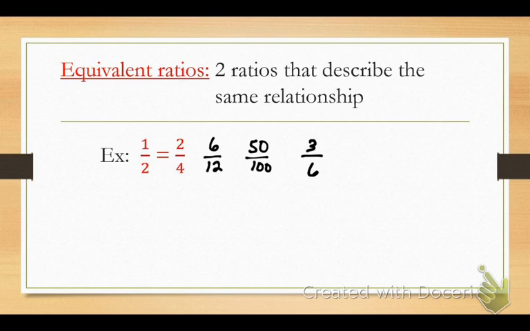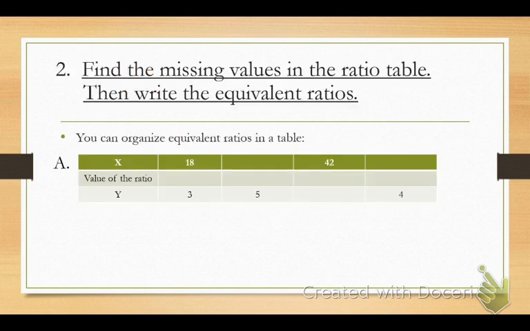So all of those are equivalent ratios because they each equal 1/2. For the next section, this says find the missing values in the ratio table and then write the equivalent ratios. So we're going to understand equivalent ratios means two things that you can compare to each other that are equal to each other. So you can organize equivalent ratios in a table. Here's what I want you to understand. Anytime that you go from a top value to a bottom value in this kind of an equivalent ratio table, that means you're going to divide.